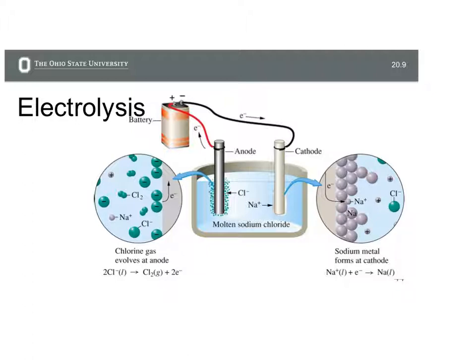In this case, we are generating sodium metal and chlorine gas at 2 electrodes that are dipped into molten sodium chloride. So very high temperatures are involved here with this reaction. You've got to get that molten sodium chloride.